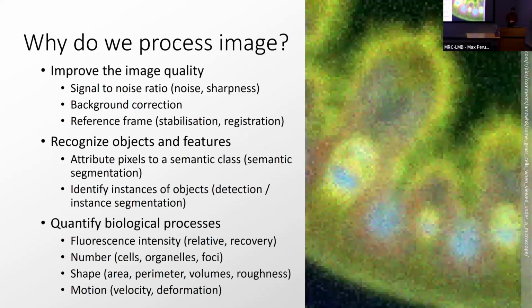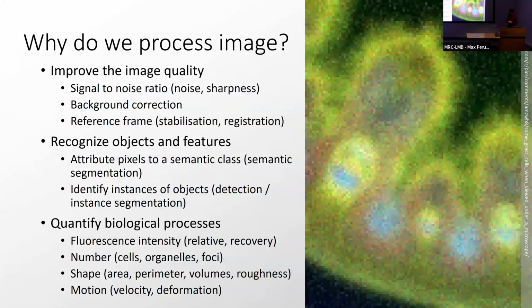So why do we process images? First, we want to improve the image quality. Our images are noisy, so we want to improve the signal-to-noise ratio. We can also improve the sharpness. Sharpness is about improving the amount of signal versus the noise across the frequency spectrum.